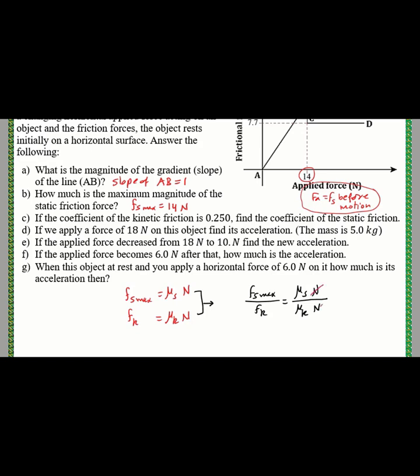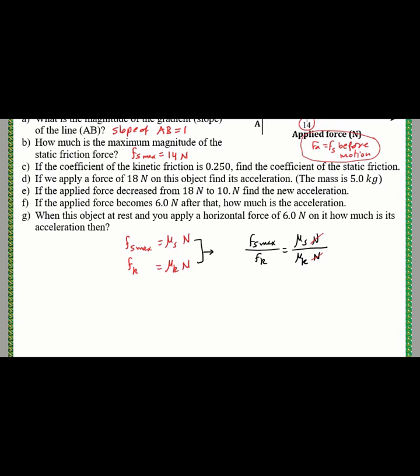So mu s equals Fs maximum over Fk multiplied by mu k.